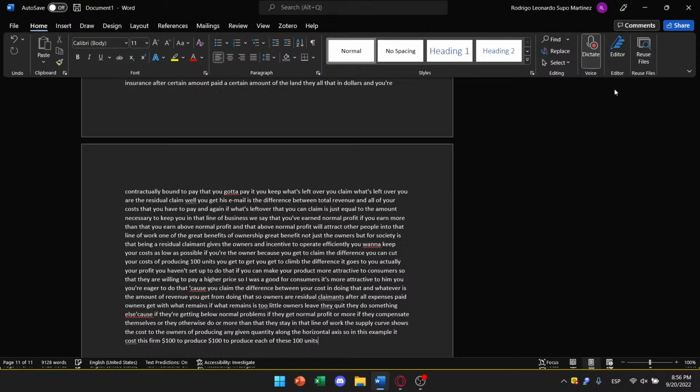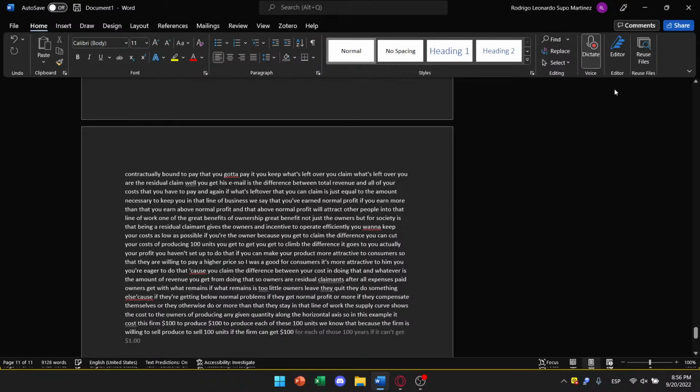We know that because the firm is willing to produce and sell 100 units if the firm can get $100 for each of those 100 units. If it can't get $100 as a sales price of each of those 100 units, it's not willing to produce that many. It'll produce fewer. If it can get a higher price, it's willing to produce more.